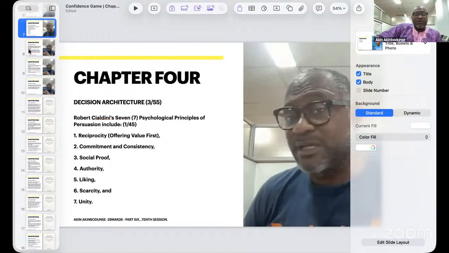When we talked about persuasion, we talked about the 7 psychological principles of persuasion as put together by Robert Cialdini. One of them is reciprocity. If you want someone to do something, you create an environment or pressure on the person by offering something first, that triggers the natural tendency of the person wanting to do something in return.